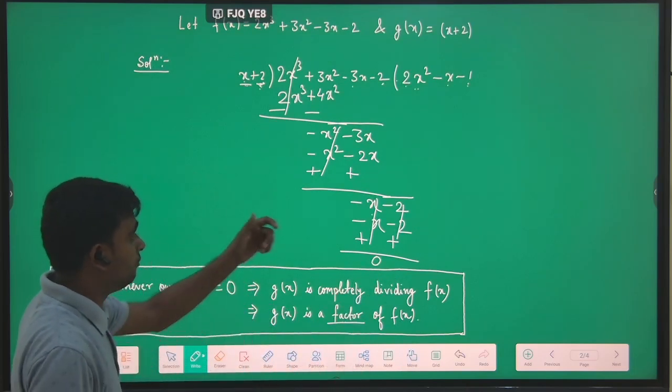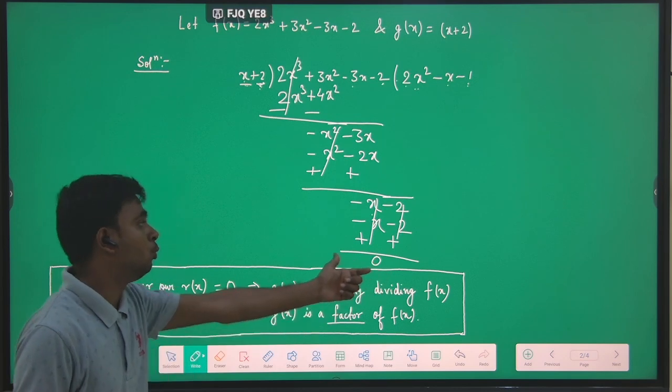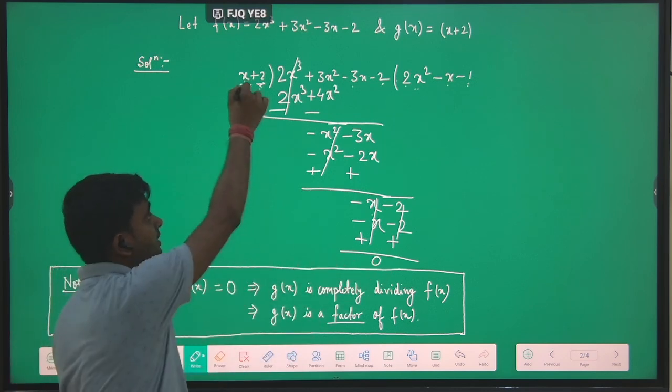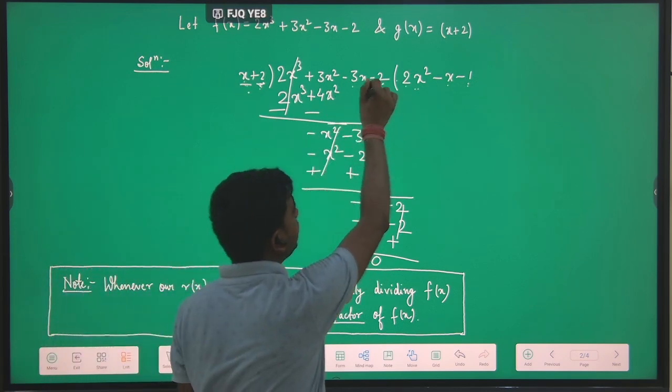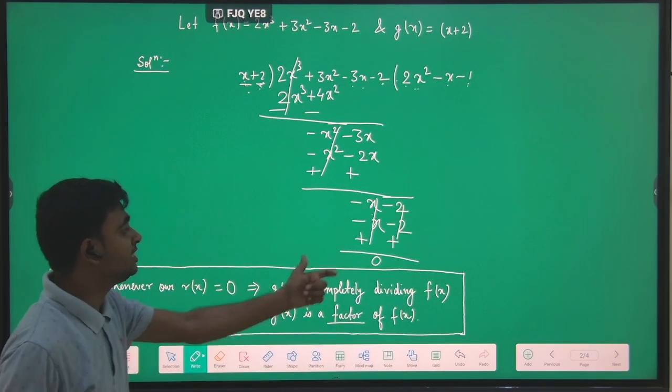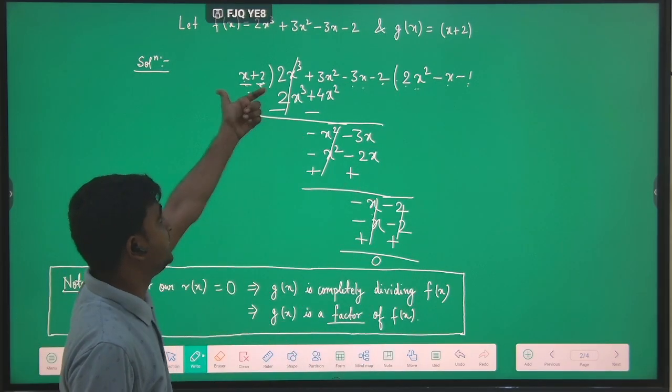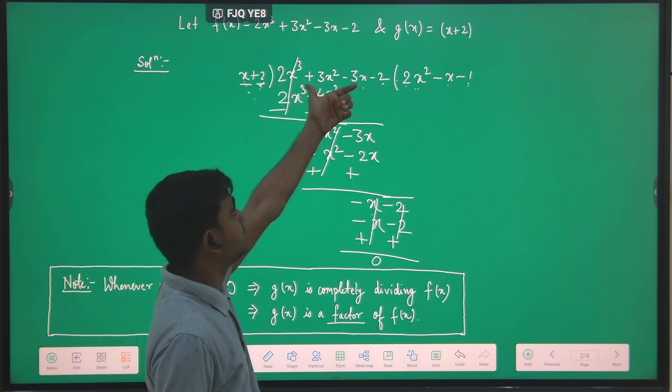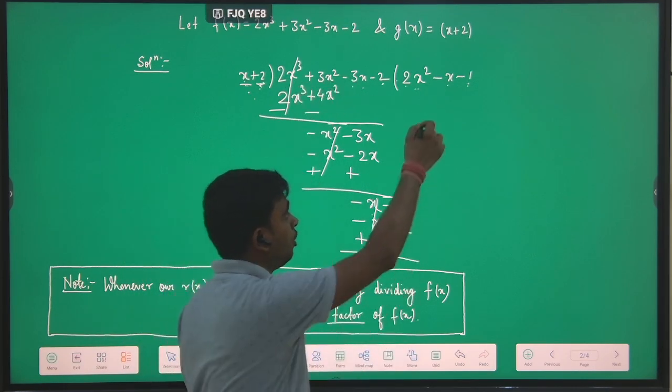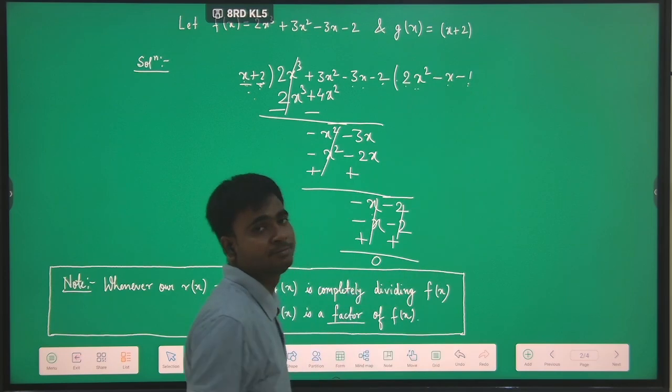Now, whenever the remainder is 0, what happens? This gx is completely dividing this fx on multiplying with this quotient.